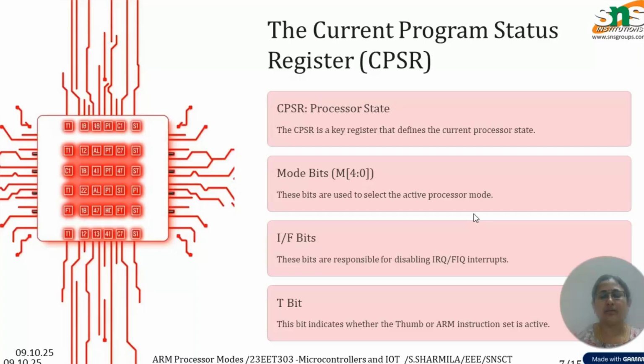This special register holds the processor state, and its critical fields include the mode bits, which select the active processor mode, the I and F bits for disabling interrupts, and the T bit, which indicates whether the processor is executing standard ARM or compact Thumb instructions.